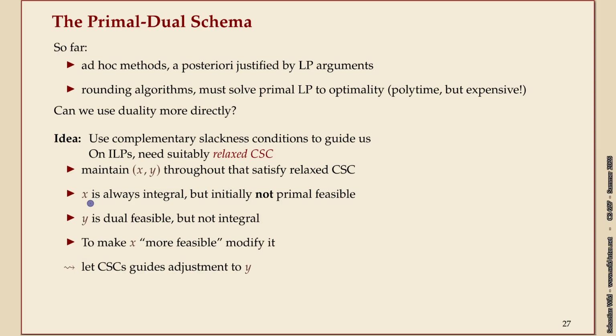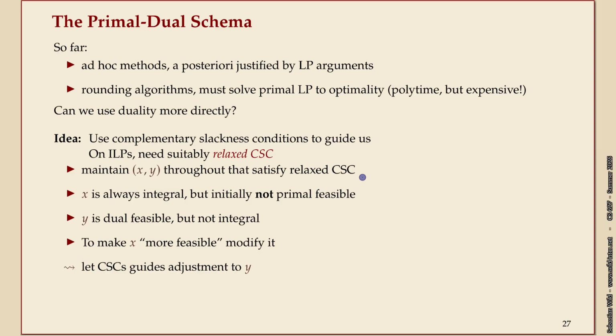Curiously though, normally the complementary slackness conditions start with: let x and y be a primal dual feasible pair of values, and then if these conditions are satisfied, that's an if and only if the two are optimal. Here we're going to use the relaxed versions, and it turns out the relaxed versions don't imply feasibility anymore. So we're working with solutions that satisfy these modified CSC conditions, but are not necessarily feasible.